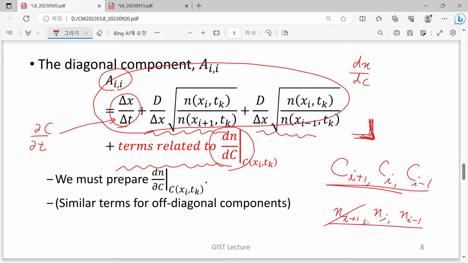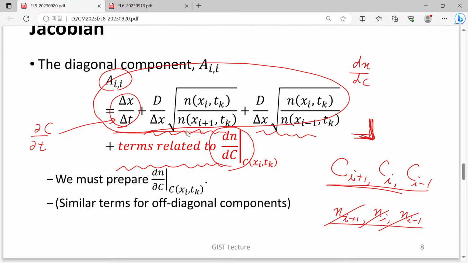So please neglect them when you calculate the partial derivative. Then you will get a long and imperfect Jacobian matrix, and that will degrade your convergence performance.